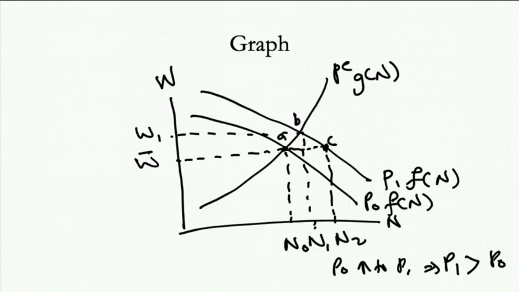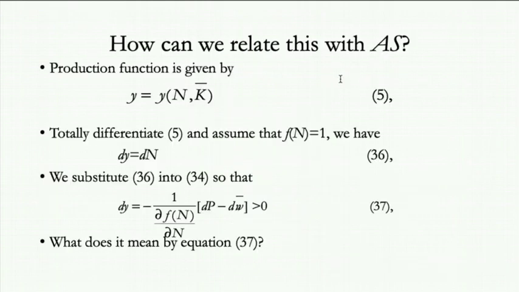We have not finished with the derivation of the aggregate supply curve when we have a one period wage contract. The graph here shows you the equilibrium in the labor market. Now, how can we relate this with aggregate supply?